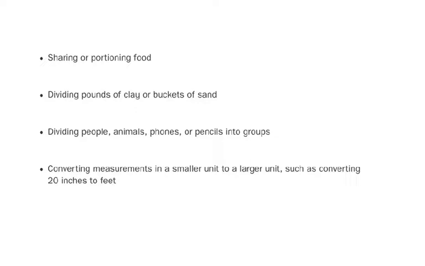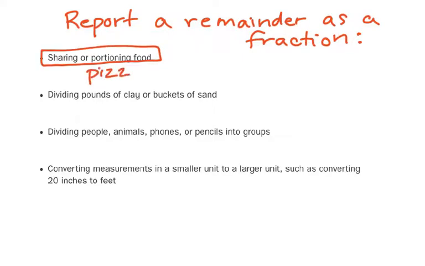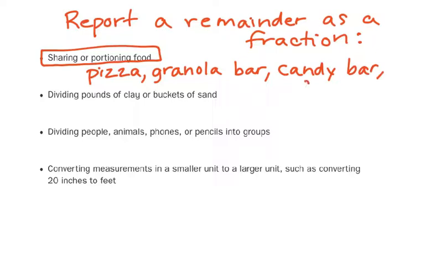So when you think about whether or not to report a remainder as a fraction, I want you to think of when you report it as a fraction and when you would ignore it. Let's say you're dividing up things like pizza, a granola bar, a candy bar, or an apple.